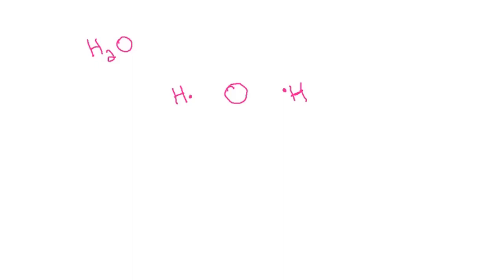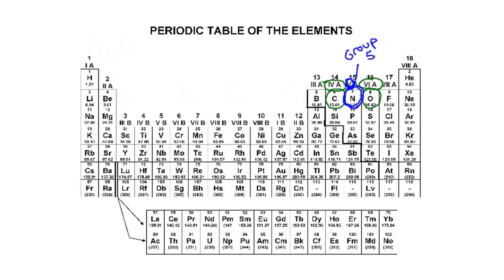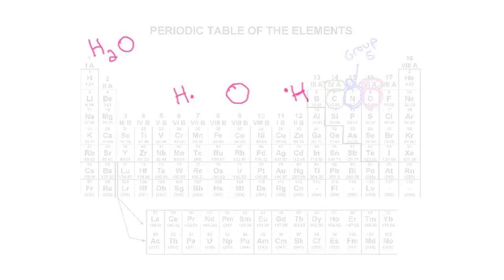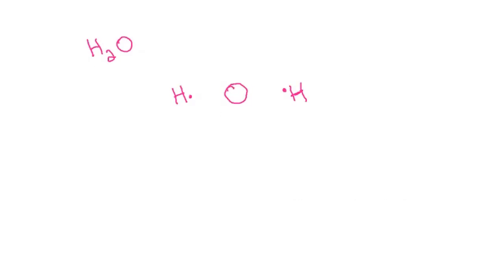Right? Let's go back and check on the periodic table and make sure. Here's the O. And it's in row 6 or column 6A. So that's 6. So 1, 2, 3, 4, 5, 6.